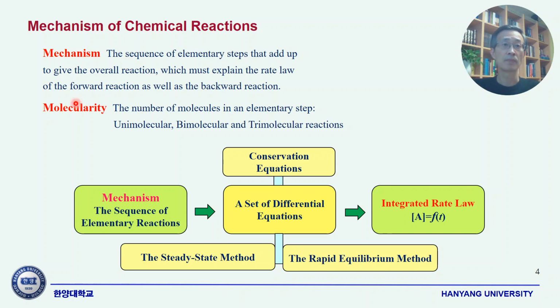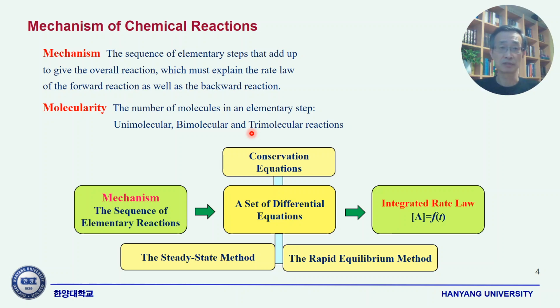And the molecularity is for the elementary step, meaning how many molecules are involved in the elementary step on the reactant side. So unimolecular is one molecule, bimolecular is two molecules, and termolecular, or trimolecular, is three molecules involved in the elementary step.